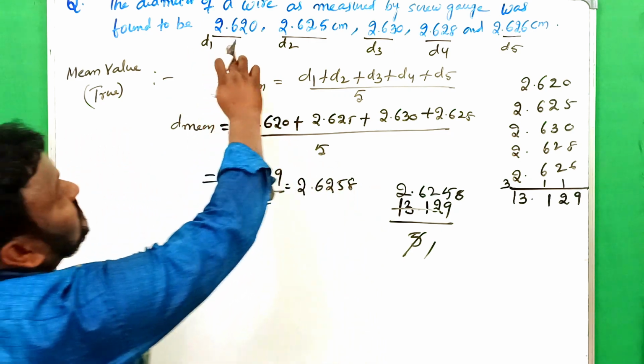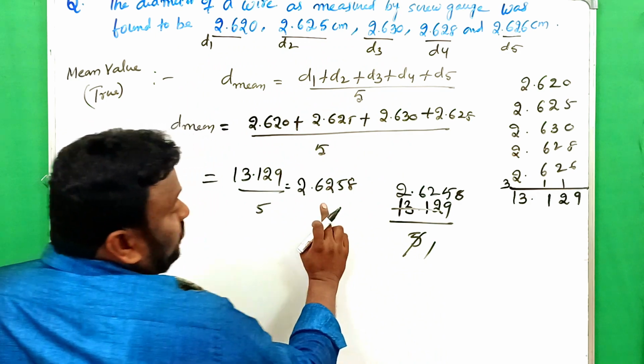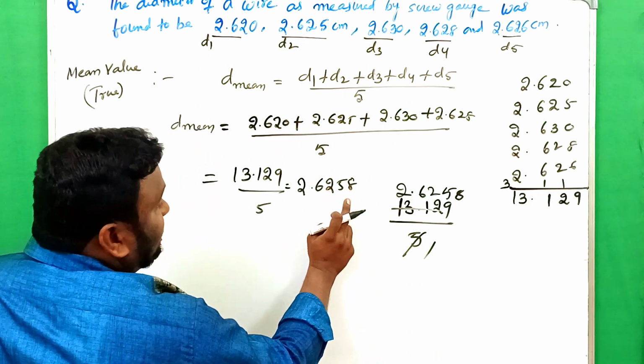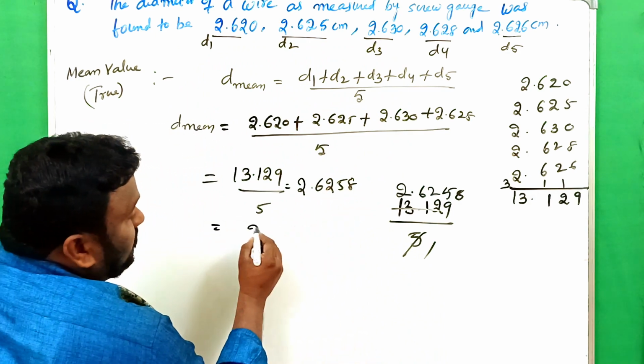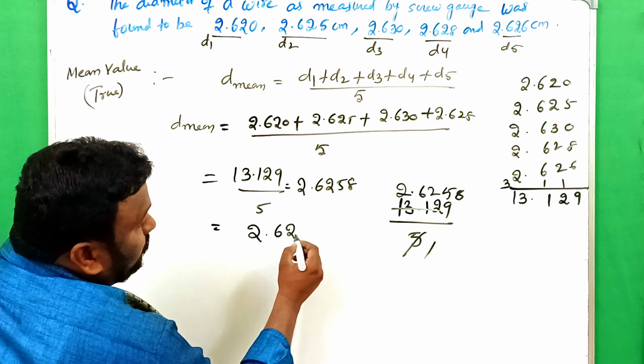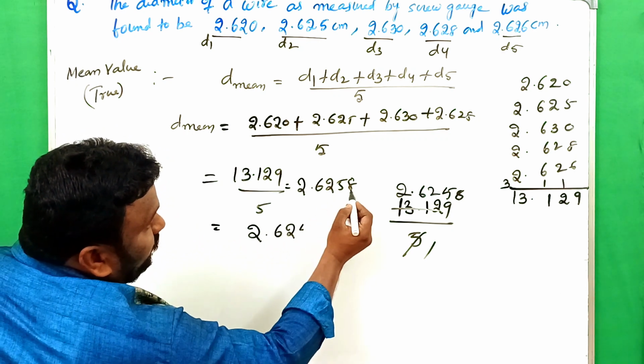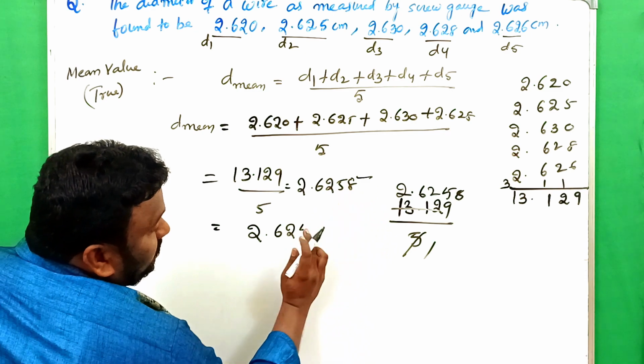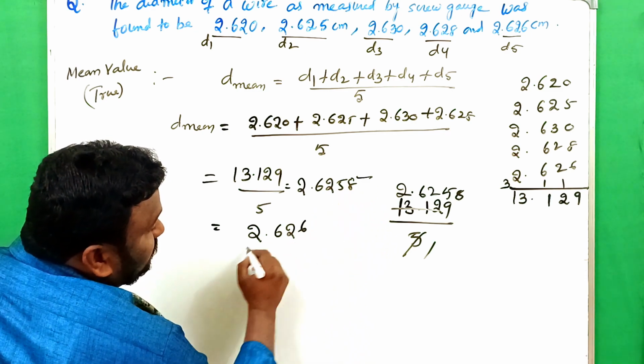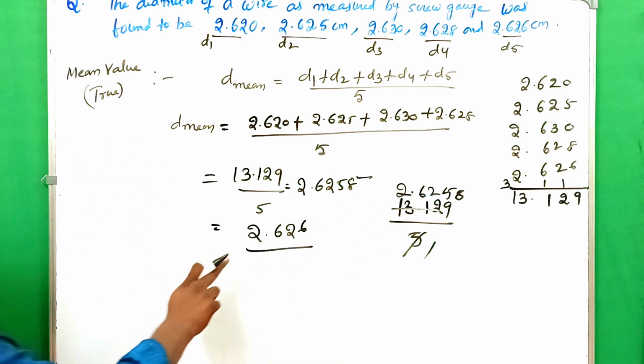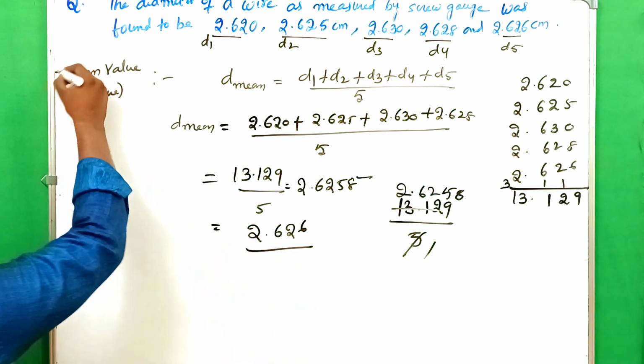In all the measured values there are 3 decimal places, and in this one there are 4 decimal places. That's why it is rounded off. Here 8 is greater than 5, so you write 5 plus 1. So 2.626, that is the mean value.